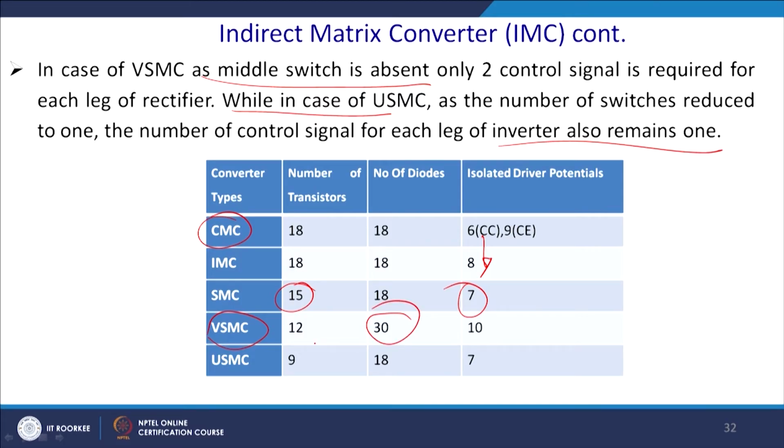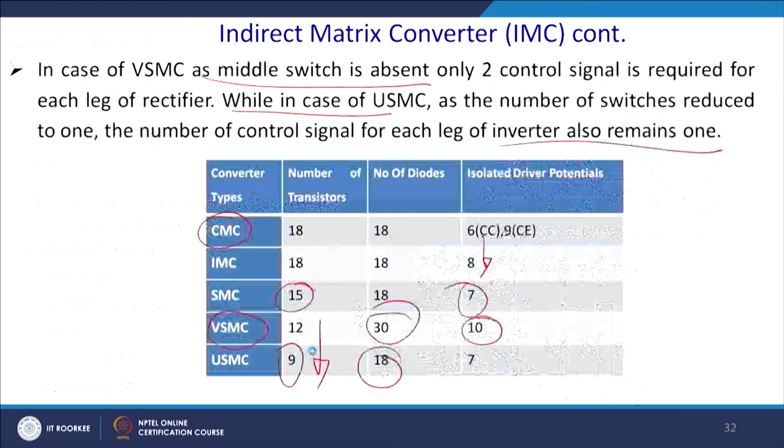You require as many as 30 diodes, but isolated supplies required are only 10. So, USMC is a further reduction in everything. You require only 9 switches, 7 isolated supplies, and only 18 diodes.